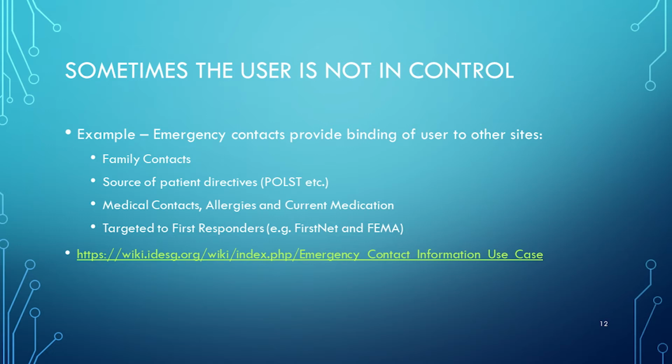That is, the EMT would have situational authorization to break the glass. When he did break the glass in this way, the user should get notification that in fact the data was released under these conditions. We are actually building a use case for that, and we have that fairly well developed already. You can go to the next slide.